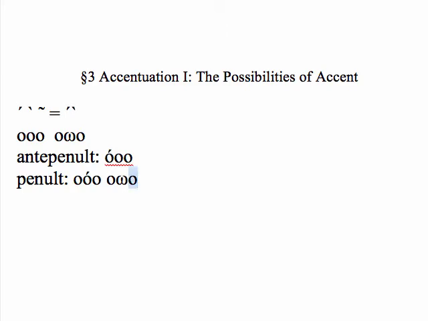Again, it depends on the ultima. My ultima is short there, right? Okay, if my ultima is short and my accent is on the penult, the accent is a circumflex. Okay, and why is it a circumflex?